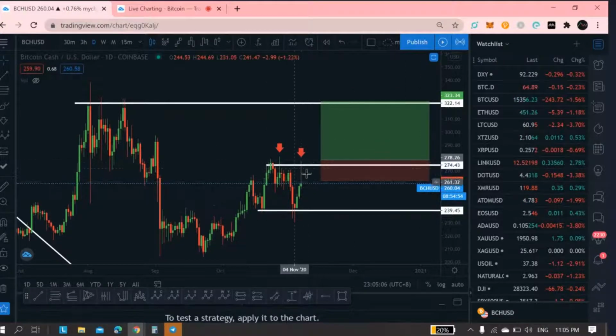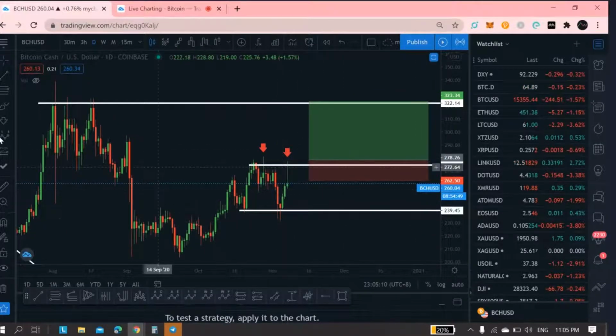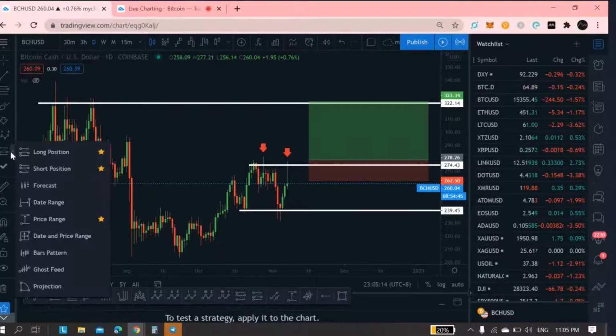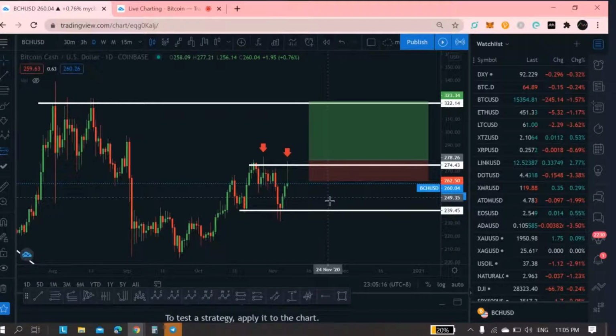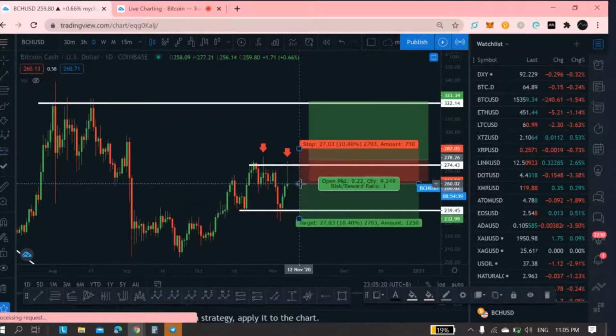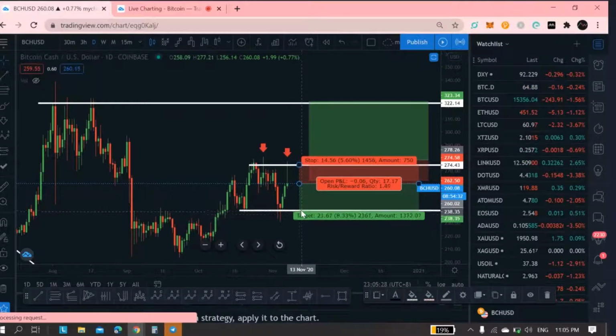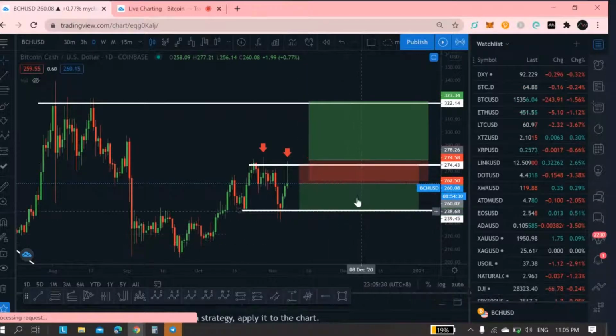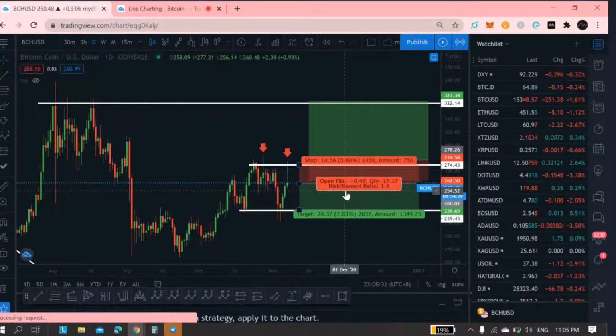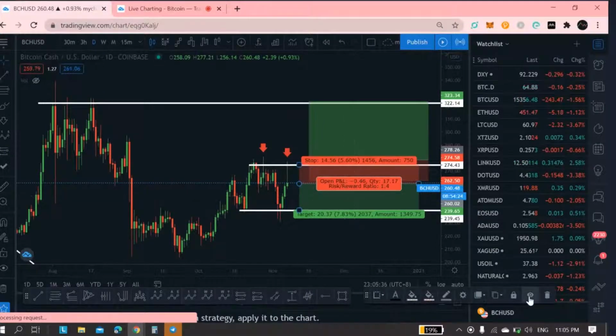This wick alarms me, because if I go short, it might possibly be a not rewarding trade. So let me check. If I go short at this area, this is my stop loss and my TP. So that's a risk reward ratio of 1.4. It's a no trade zone for me in that scenario.